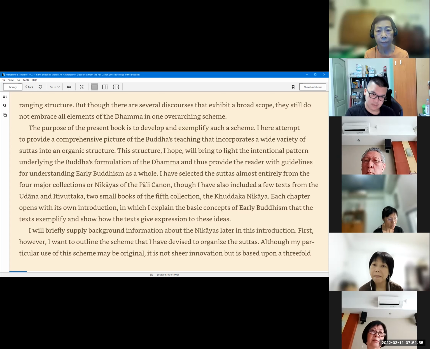I have selected the suttas almost entirely from the four major collections or Nikayas of the Pali Canon, though I have also included a few texts from the Udana and Itivuttaka, two small books of the fifth collection, the Khuddaka Nikaya. Each chapter opens with its own introduction, in which I explain the basic concepts of early Buddhism that the texts exemplify and show how the texts give expression to these ideas.